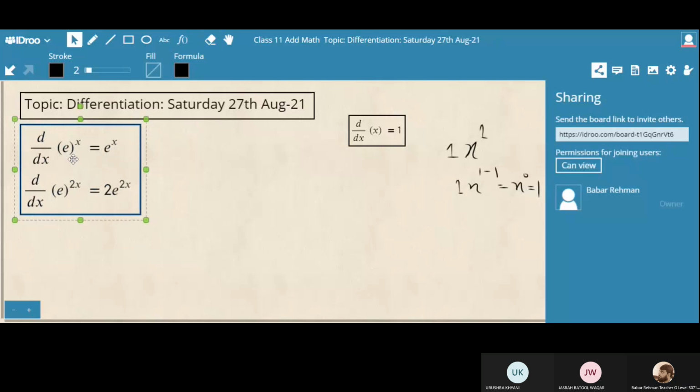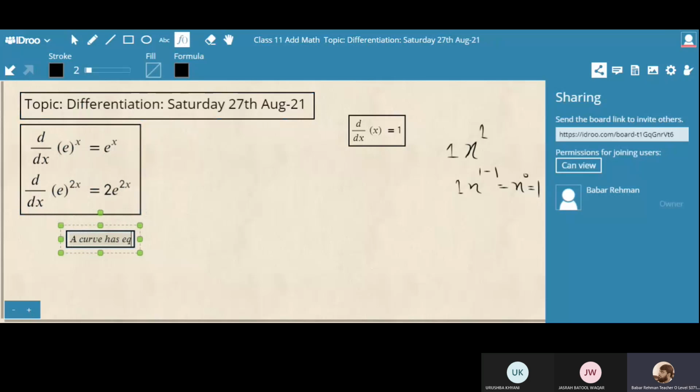Now I'm writing one question for all of you. This is exercise 14.1, question number 4. You have to write the question so that we can remember.